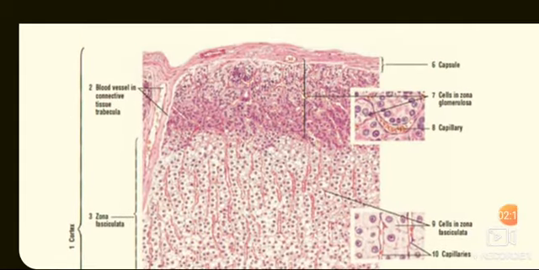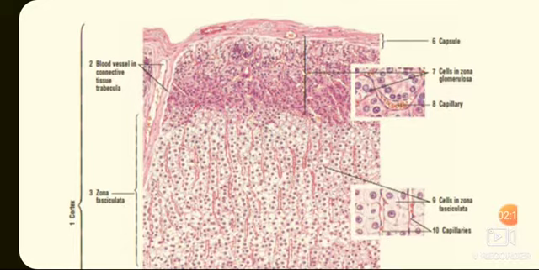Coming to the histology of the adrenal gland, the zona glomerulosa layer has columnar or pyramidal cells, and these cells are closely packed and they are surrounded by sinusoids.